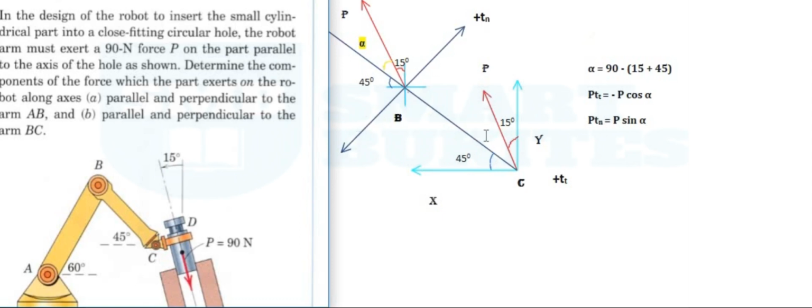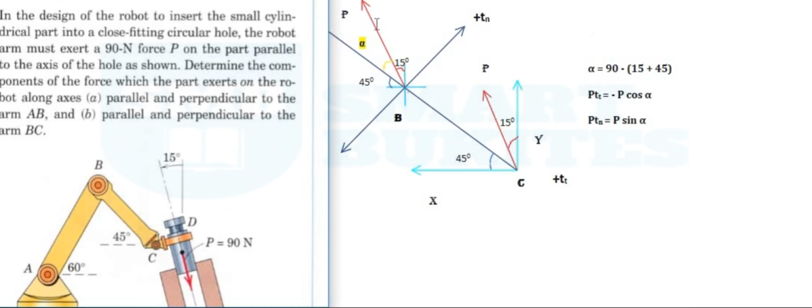So our positive TT direction is on this side and our positive TN direction is on this side. We can see that as we projected our force P here, it falls on the negative side of the TT axis but on the positive side of the TN axis.